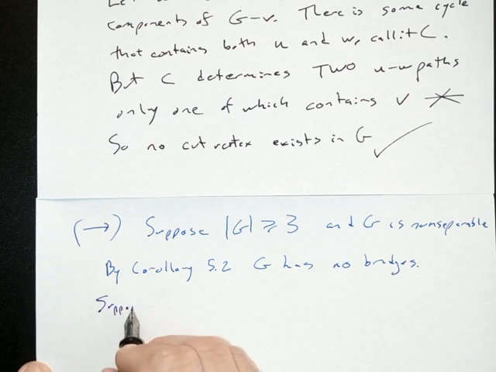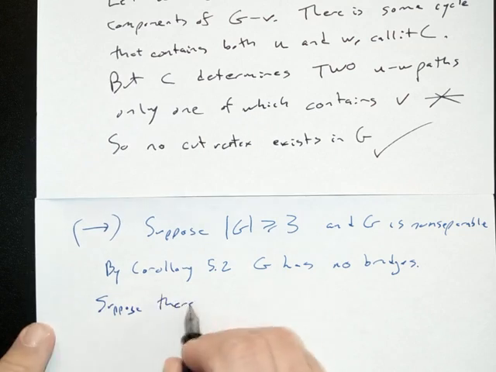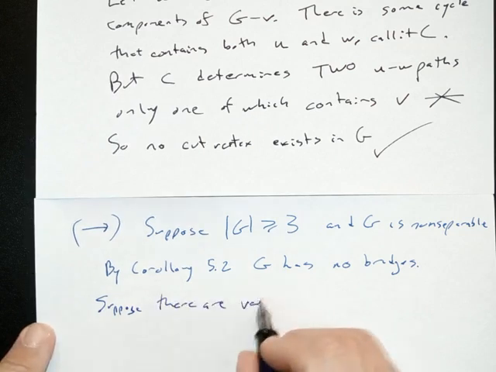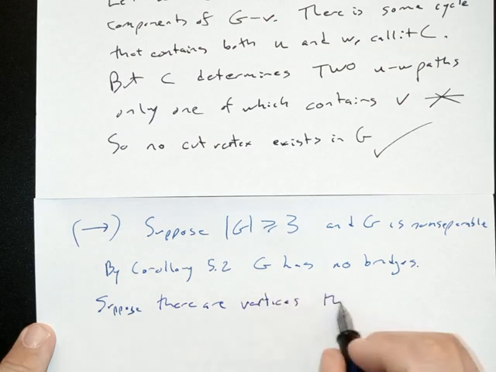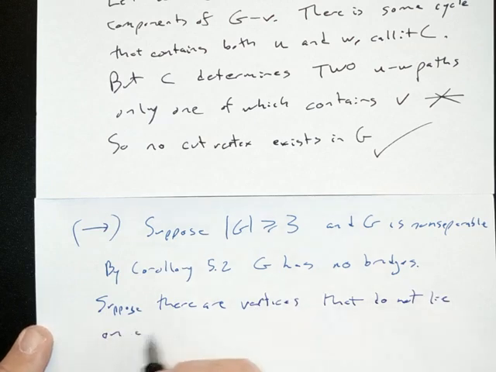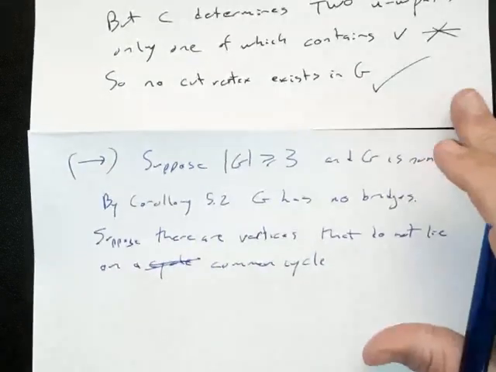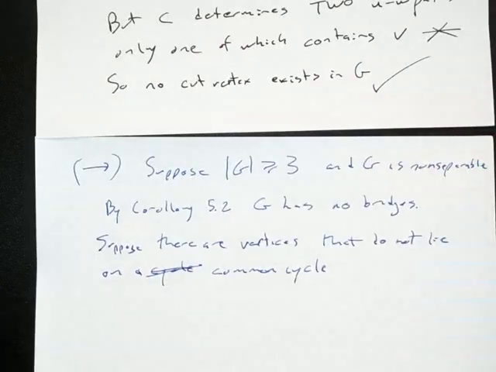Suppose U and V. I should be very careful, a common cycle. So I have some vertices that don't share a cycle.